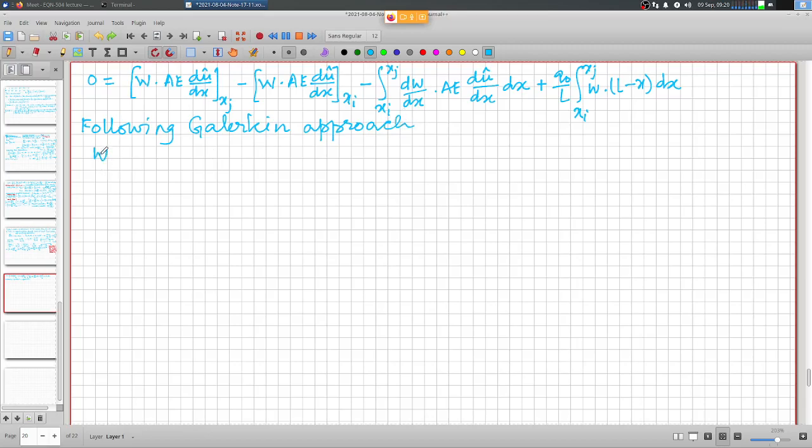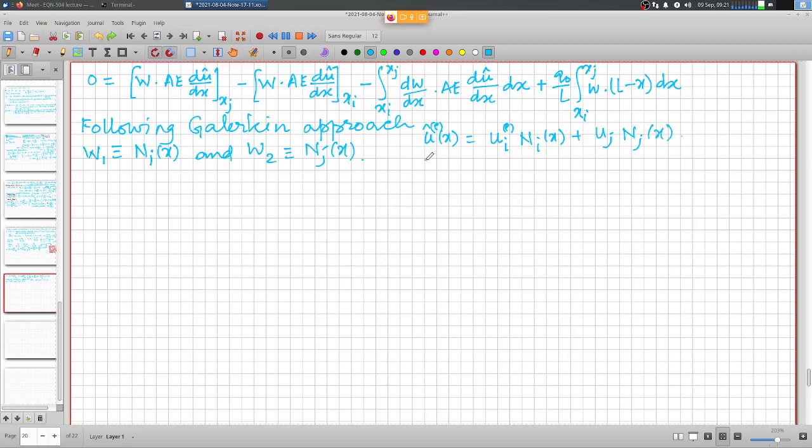Then W1 is identical with Ni, and W2 is identical with Nj, and U hat within the element is of course equal to Ui Ni plus Uj Nj.